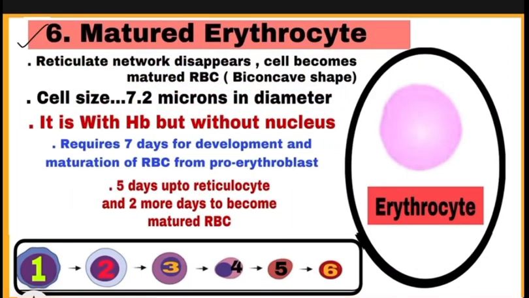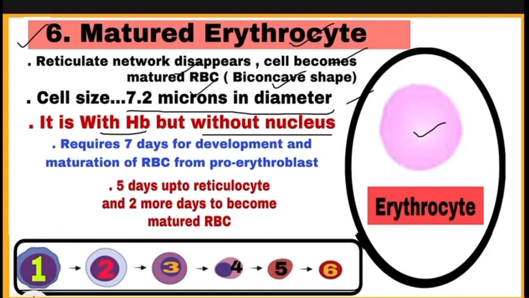Finally, reticulocyte develops into matured erythrocyte in bloodstream. Here, reticulate network disappears. Cell becomes matured red blood cells and shape becomes biconcave. Now check the size. Size is equal to 7.2 microns in diameter. Hemoglobin is present in erythrocyte, but it has no nucleus.